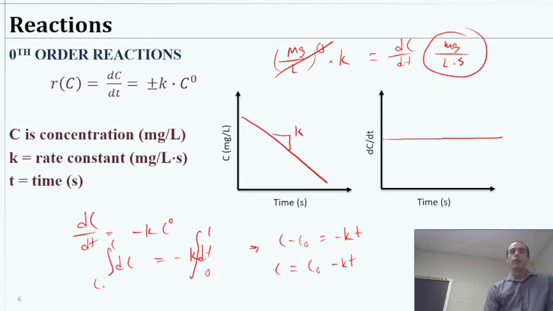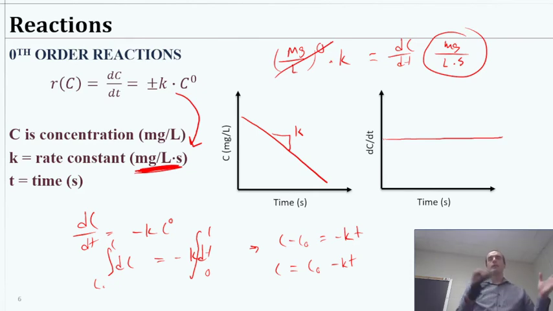So if we have a rate constant given to you with this mass per volume per time, we know that's a zero order reaction. That tells us it's zero order because this is where it's coming from. There will be problems you'll face sometimes where you have a rate constant given, it's giving you the units, and you're going to have to know, oh, that means this is zero order, or oh, that means this is first order. Does that make sense?